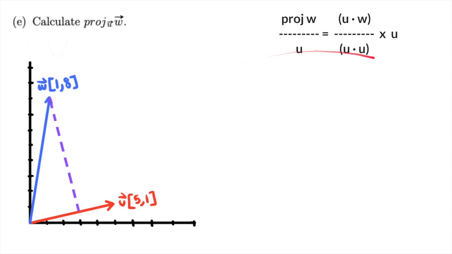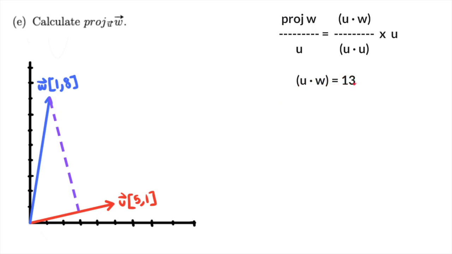Here we see we have our formula, the projection of w over u, which is what we want to find. They're flipped in this form, but saying this is the same as saying this. So finding the projection of w over u, we take the dot product of vectors w and u, followed by the dot product of u with itself, and multiplied by u again.